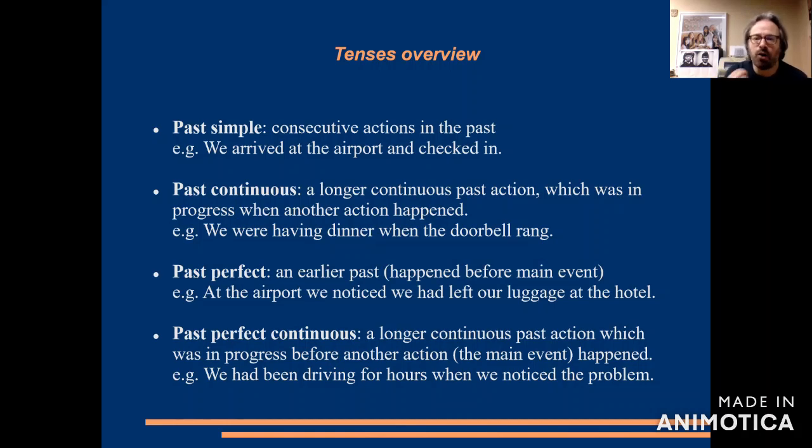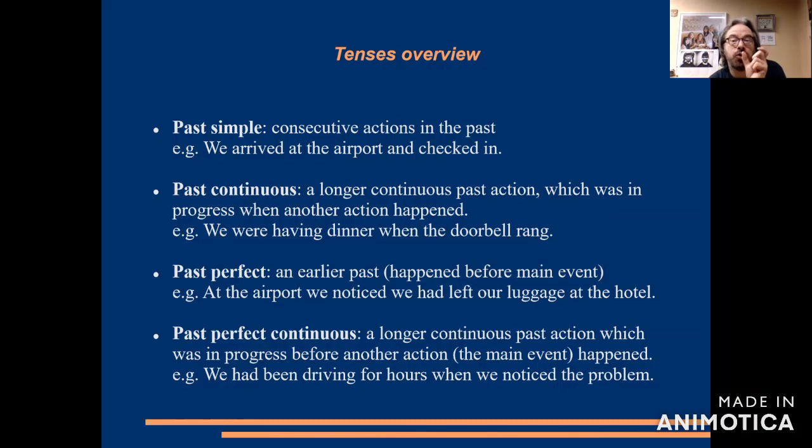Number 2, the past continuous. Here we have a longer continuous past action which was in progress when another thing happened. The sentence I give you as an example here is, we were having dinner when the doorbell rang. Well, I always say, I hope it usually takes a lot more time to finish your dinner than it takes for someone to ring your doorbell, unless it's someone who's ringing your doorbell for ages.